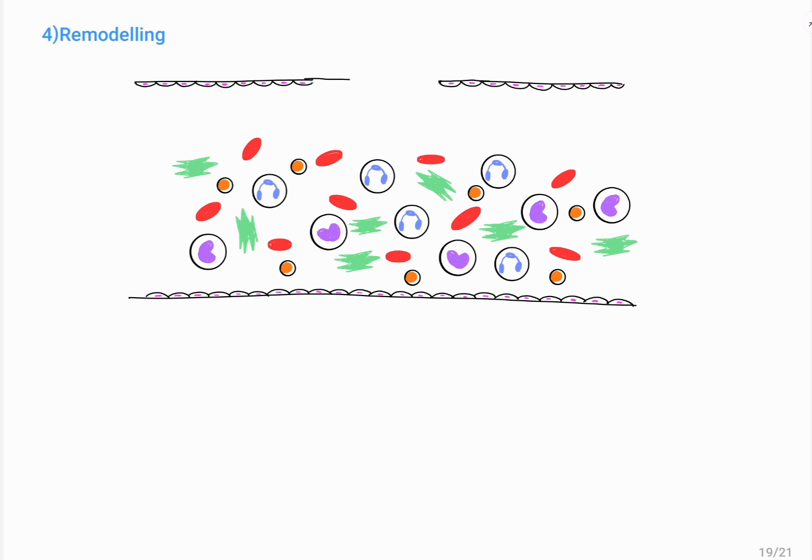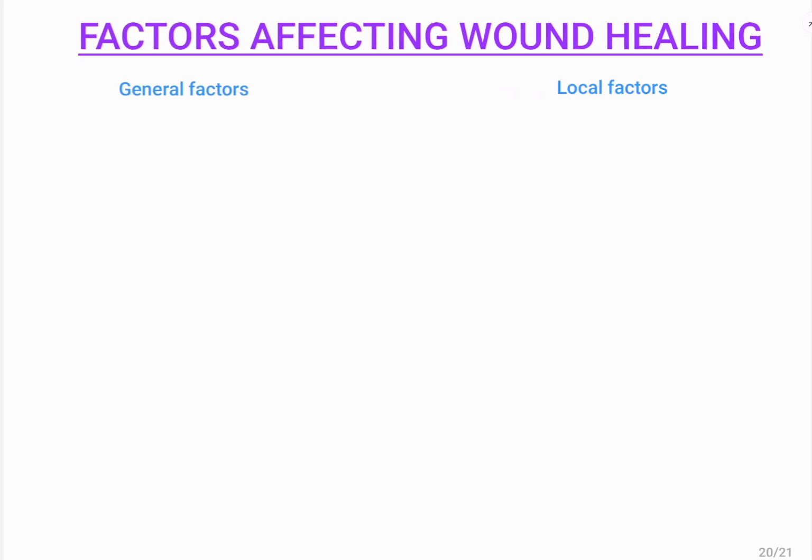There will be re-epithelialization and formation of a matured scar. This was a brief discussion about the phases of wound healing. Now let us come to the last topic of this video, which is factors affecting wound healing.